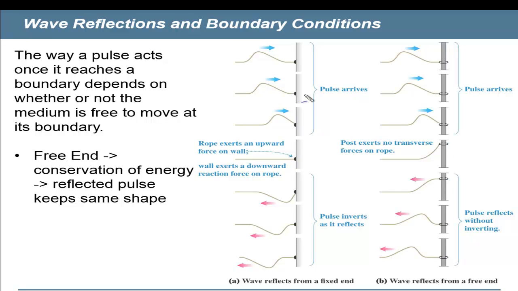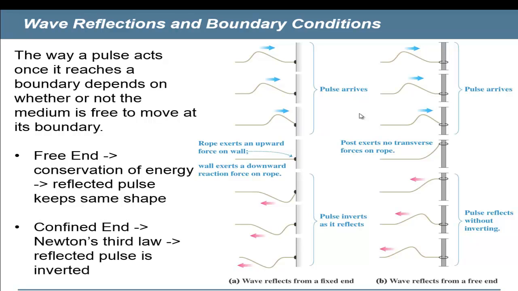If we have a fixed end, then it really comes down to Newton's third law here. So if the end is confined, the boundary condition does not allow the medium to move at the end, then the wave is coming in, right?